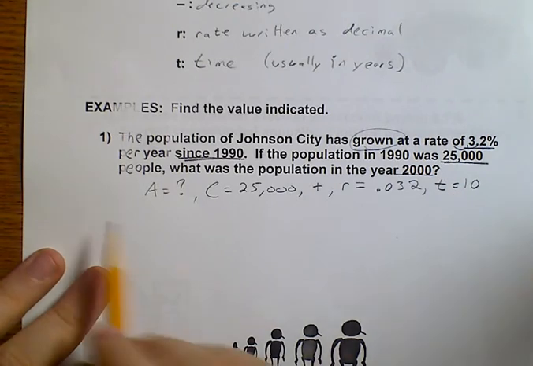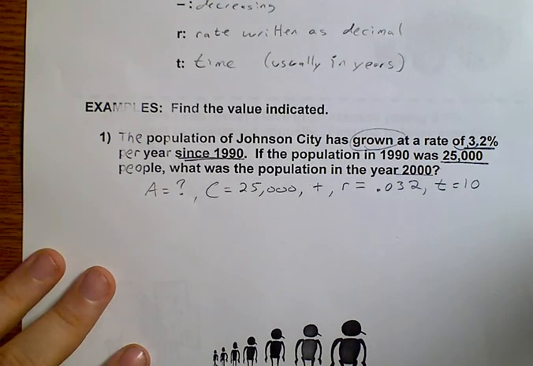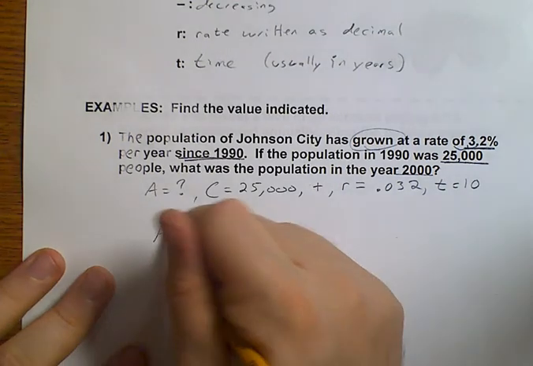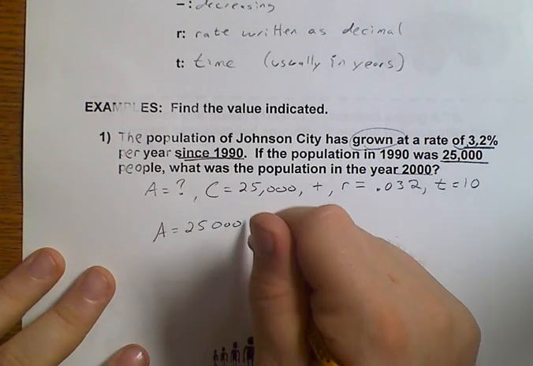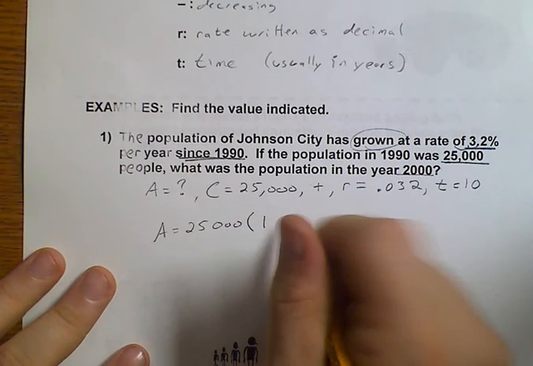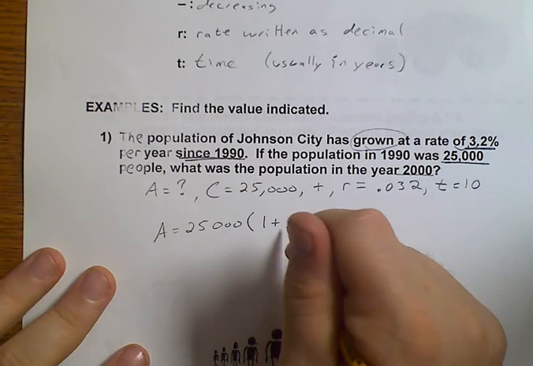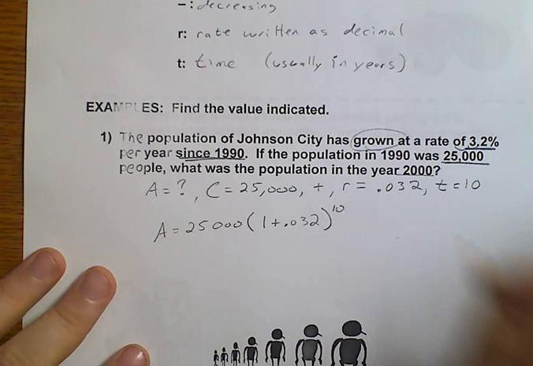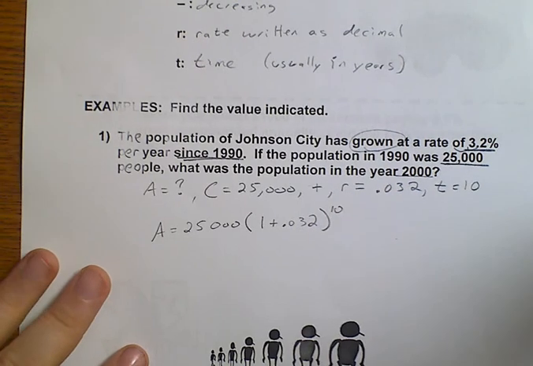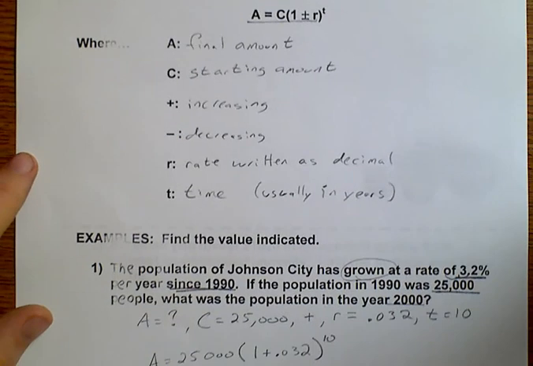So, given all this information, now we just plug it in. A equals 25,000 parentheses 1 plus 0.032, close it, to the 10th power. Now, if you're confused as to where all this came from, let's refer back to our original formula.